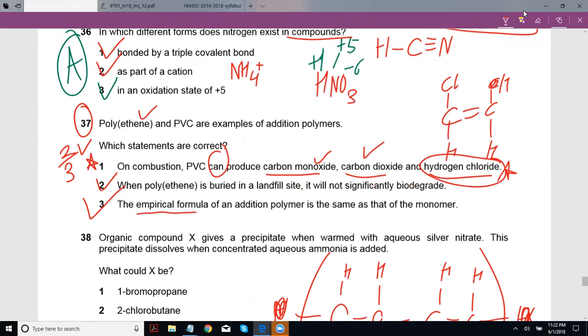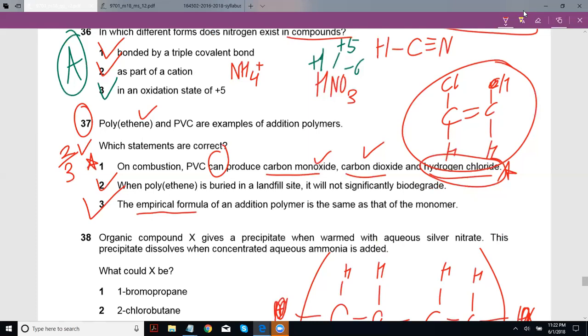If you're heating this, combusting this, your carbons are attaching with the oxygen. Some hydrogens are making water. I don't find it difficult to believe a hydrogen and a chlorine can attach and form HCl.